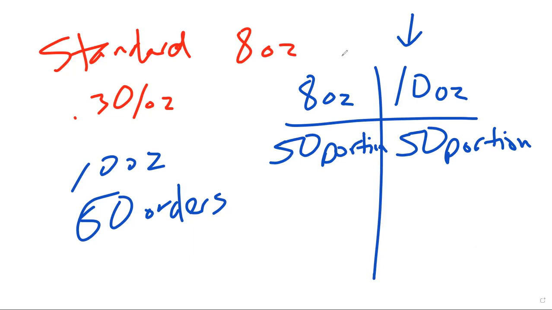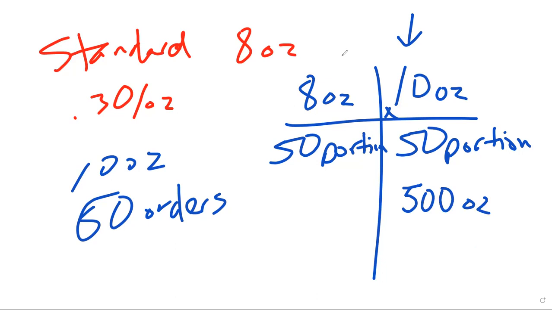We sold 50 portions, and we served 10 ounces each time. So if we multiply those two numbers together, we get 500 ounces, which is what we actually served, right?